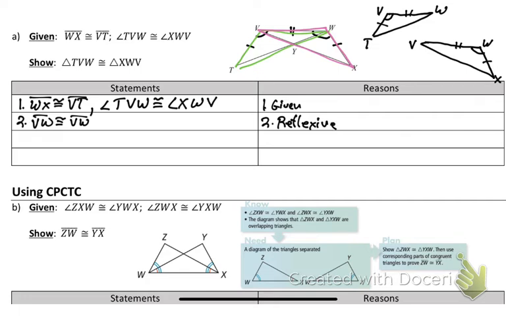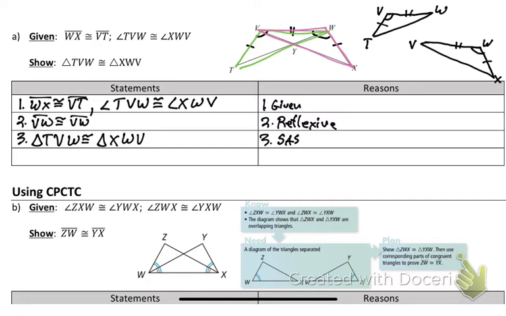And then I'm done. I now have side angle side. So my step 3 is triangle TVW is congruent to triangle XWV, and that's just going to be side angle side.